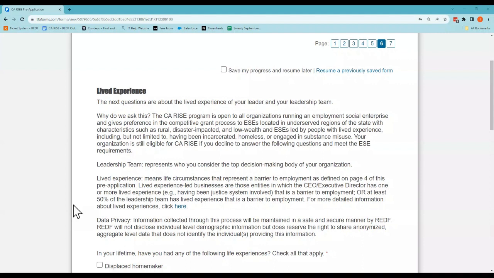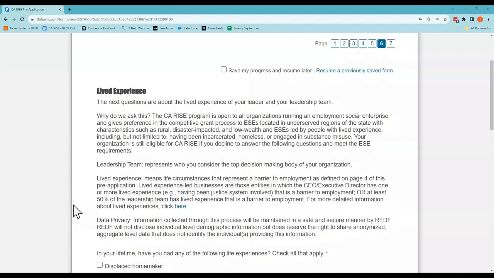The California RISE program is open to all organizations running an employment social enterprise and gives preference in the competitive grant process to employment social enterprises located in underserved regions of the state with characteristics such as rural, disaster impacted, and low wealth, and employment social enterprises led by people with lived experience, including but not limited to having been incarcerated, homeless, or engaged in substance misuse.